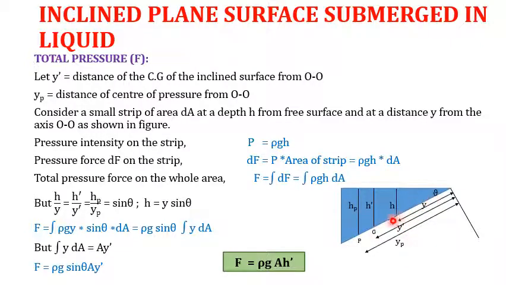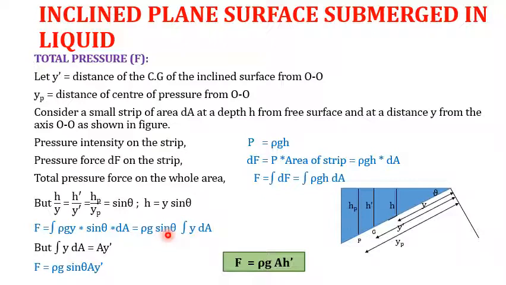So sine theta is h dash over y dash. Similarly, sine theta is equal to hp over yp, and so it is also h over y. We can make use of this relationship and replace h by y sine theta. So F is integral rho g y sine theta into dA.